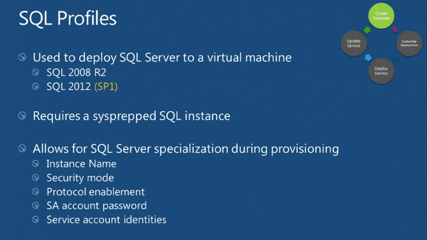So that by the time the VM is done being provisioned, it is actually a fully functioning SQL server ready to go. And our SQL profile will let you do things like specify the instance name, the authentication mechanism. Is it in Windows mode or mixed mode authentication? If it's in mixed mode, what's the SA password going to be? And what are the service account identities for the core SQL Server services like SQL Server Service, SQL Agent Service, and so forth?